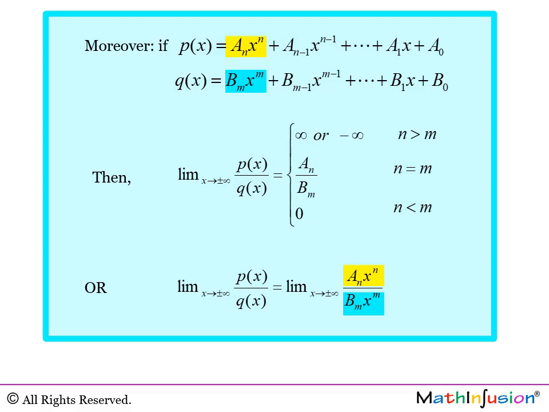The leading coefficient, as we call it, a_n times x to the n, and the leading coefficient of the other one, which is b_m, and x to the power of m.